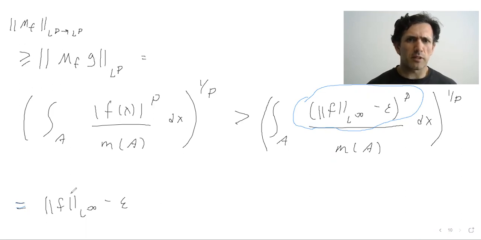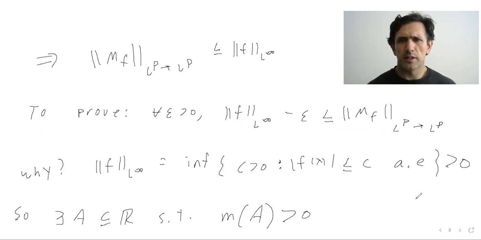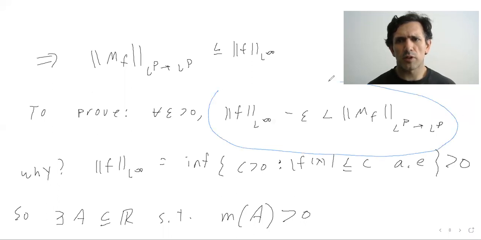So that exactly proves it. We've carefully proved that the operator norm of this multiplication operator is bigger than the L infinity norm of f minus epsilon for any epsilon. And that completes the proof because of, again, this one right here.